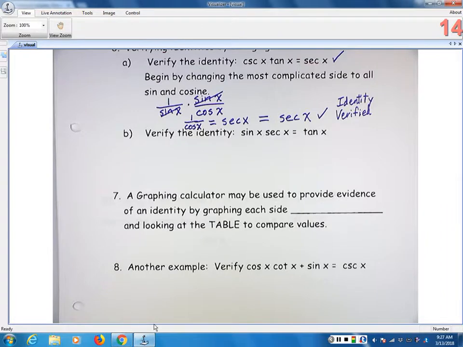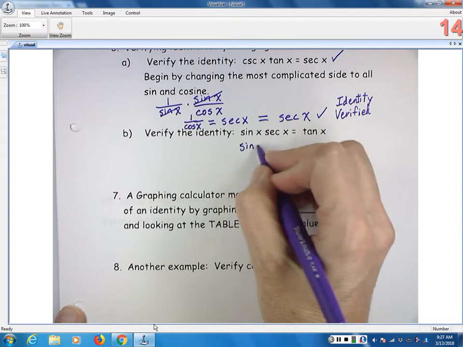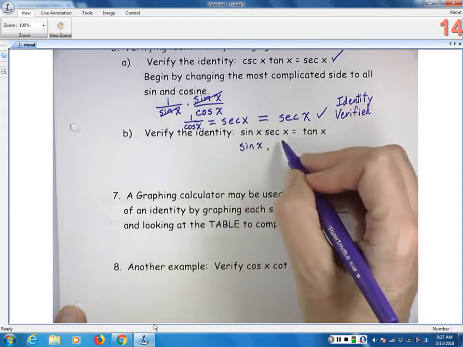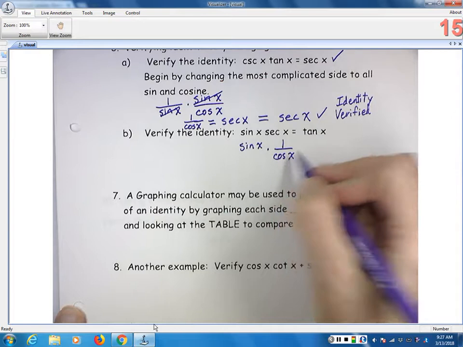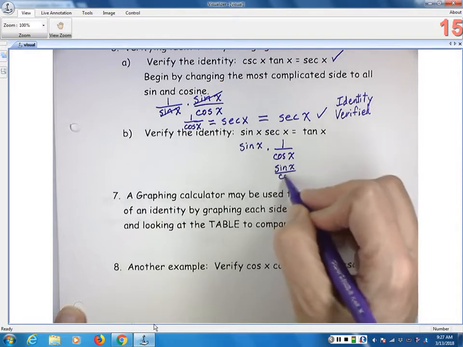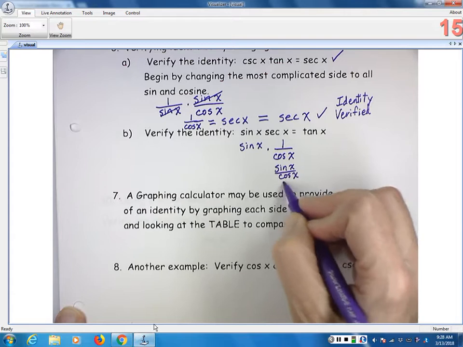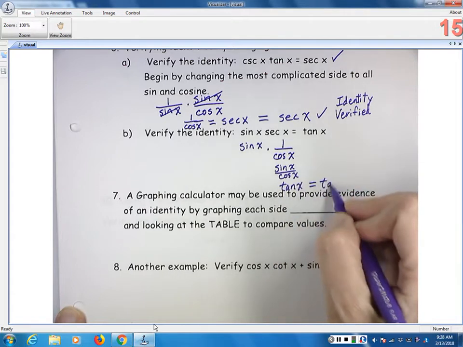Okay, so did you verify it yet? It should be 2 steps. Sine x times what's secant? 1 over cosine. And we can write sine x over cosine, and that is tangent, and that equals tangent x.